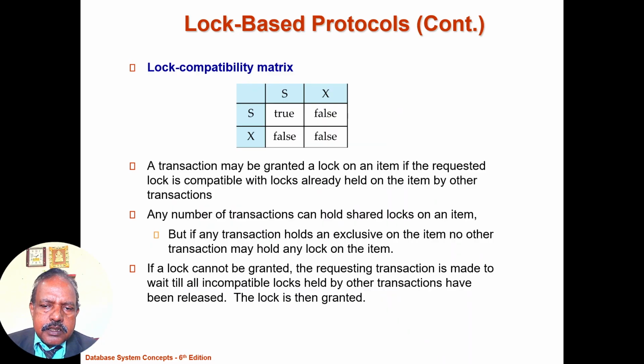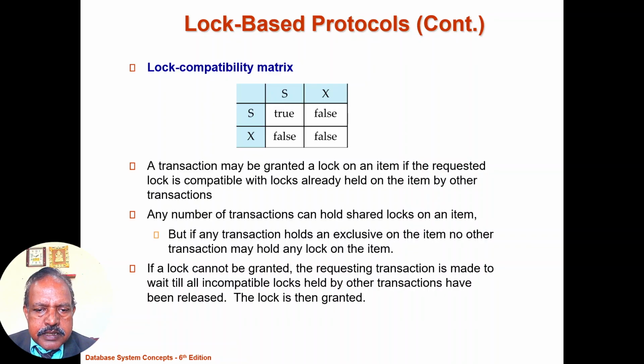If more than one person wants to read, nothing is going to be tampered. So you read the same thing, I also read the same thing. So it is compatible: S and S is true. But if at least one write operation is there, then before I write, if you read, you will not get a consistent or correct value. So S and X is false, X and S is false, and X and X obviously is false. That means only when both are in shared mode, it is true.